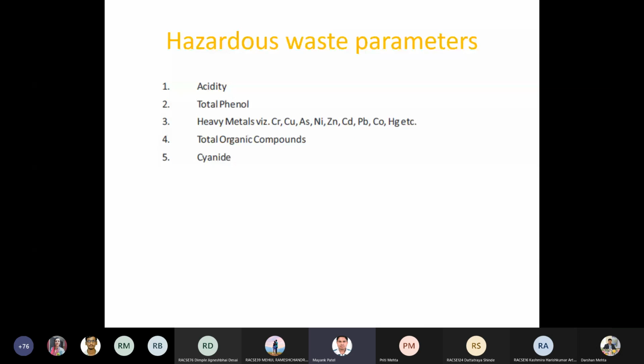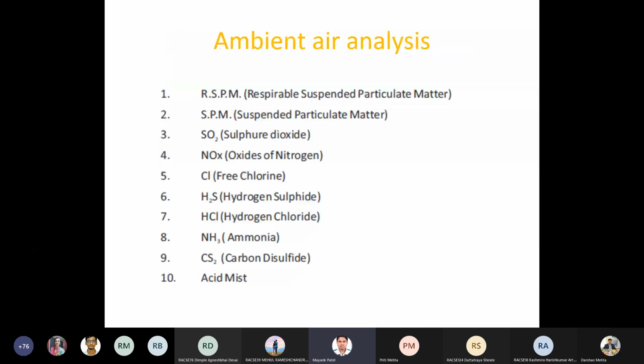Hazardous waste parameters you also need to determine. Then ambient analysis. So you will do ambient air sampling and stack monitoring with the help of a variable dust sampler, or you can say an RSPM, PM 2.5 sampler, whereas in ambient air SO2 and NOx are measured.